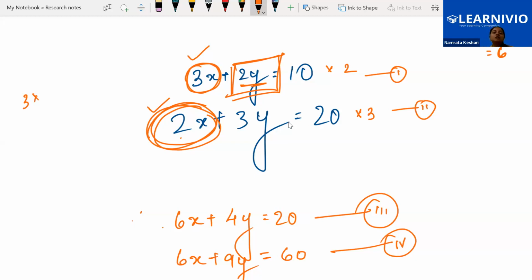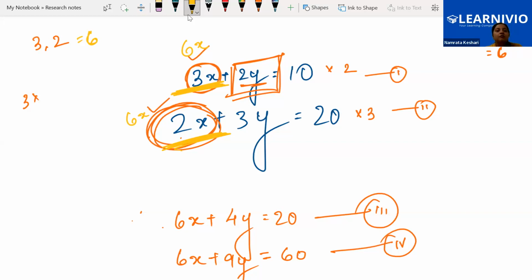Okay. What conclusion did we come to? We decided that the LCM of 3 and 2, this yellow one and this yellow one, is 6. So rather than making 3 a 2 or 2 a 3, we are trying to make the first 3x a 6x and the next 2x a 6x as per the LCM.